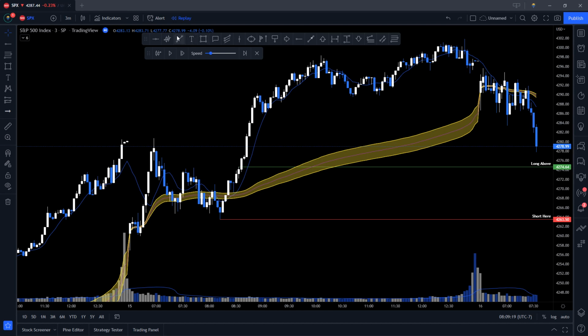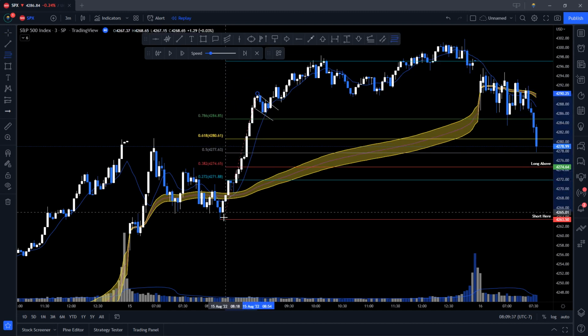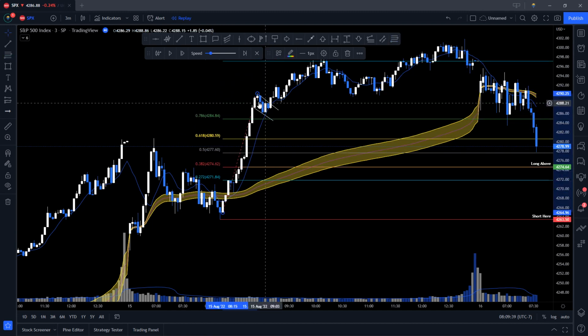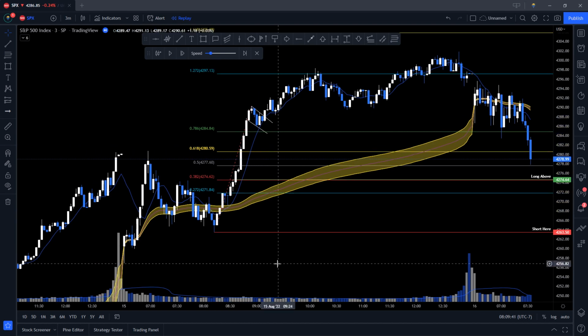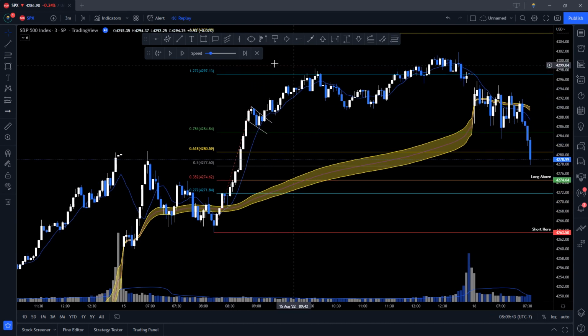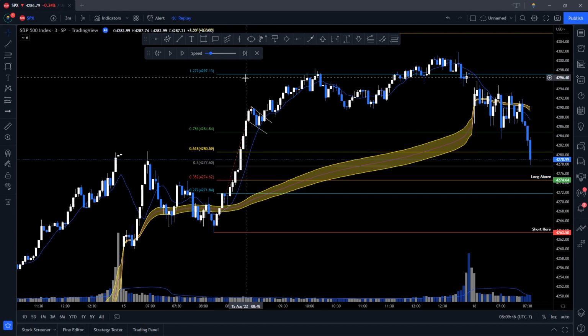And if you've paid attention on prior videos of mine, right here we actually have a bull flag. I'm not going to cover bull flags extensively in this video. I have other videos on it. But if you're paying attention to that video, and we use our fib retracement on the bull flag here, our exit is going to be the 272 level.